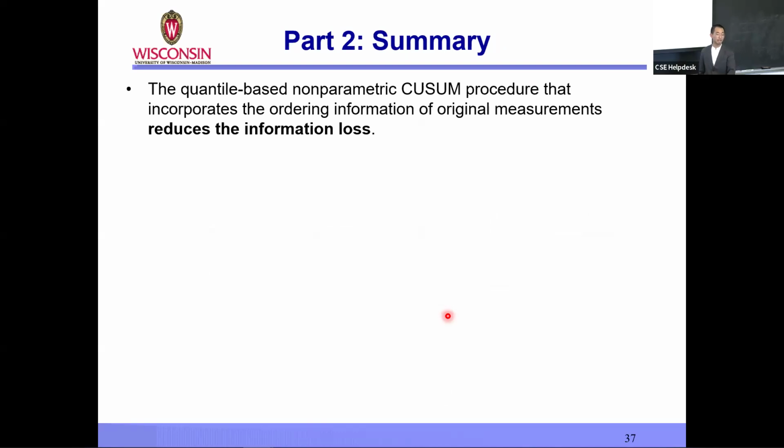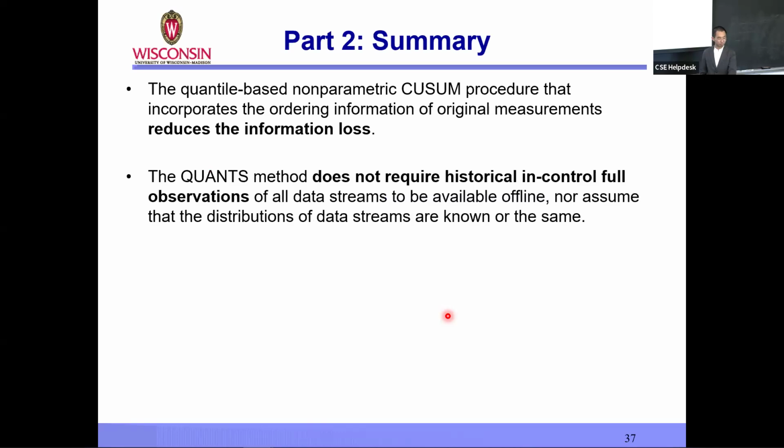So with that, to recap, for the second part of the talk, we proposed a quantile-based non-parametric QSUM procedure that incorporates the ordering information to reduce some information loss. Also this method does not require the historical in-control data to be available offline.